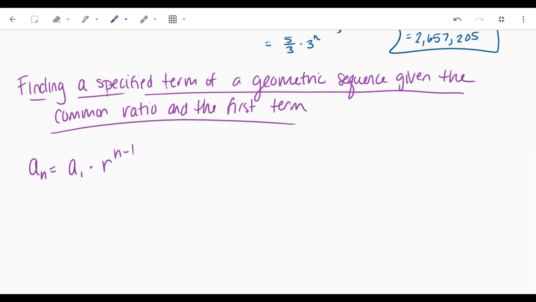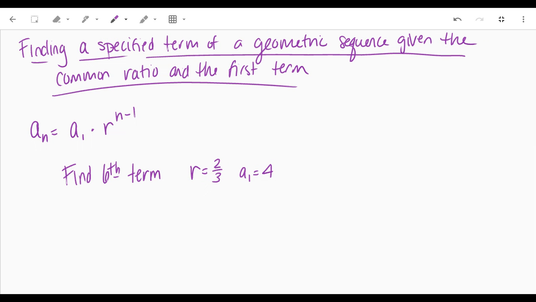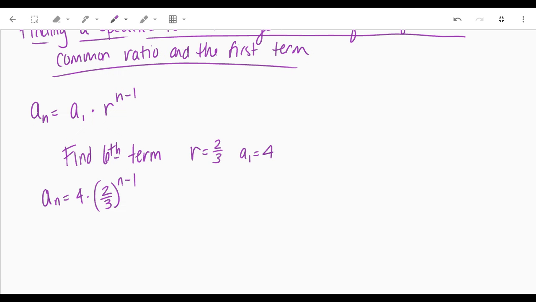Okay, so in this one, they want you to find the 6th term, where the ratio is 2/3 and the first term is 4. Okay, so our formula would be this. And so when we're finding the 6th term, we'd have 4 times 2/3 to the 6 minus 1, which is 5.